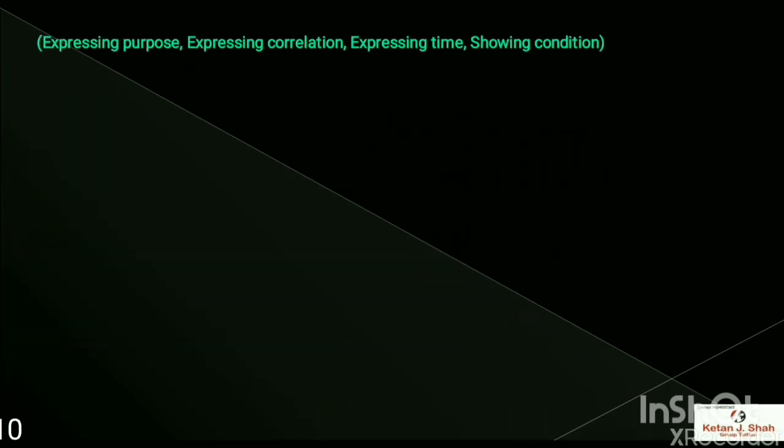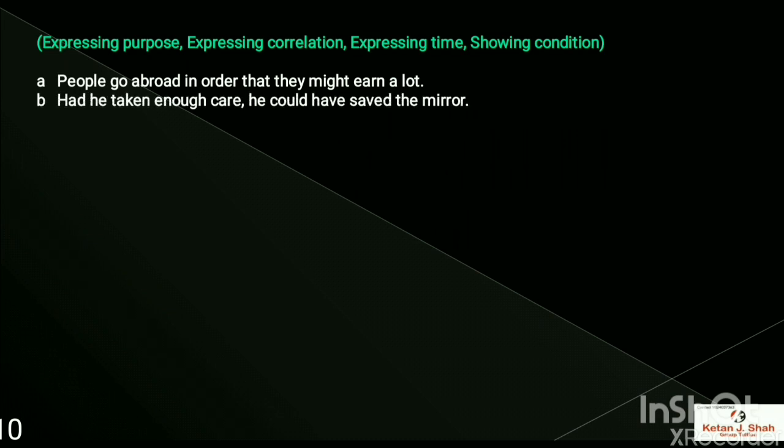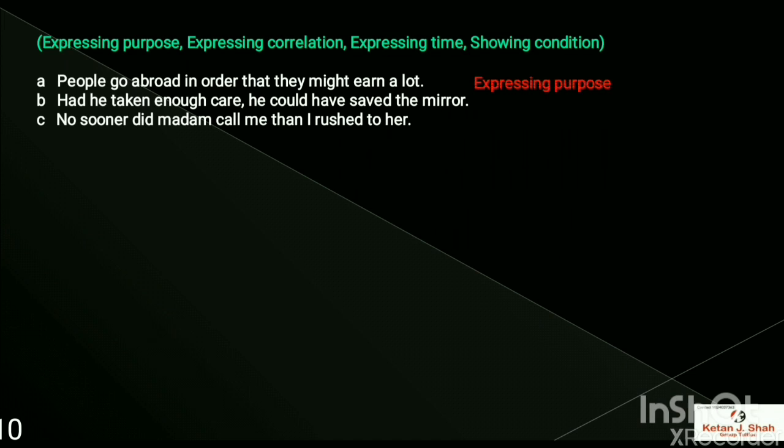Expressing purpose, expressing correlation, expressing time, and showing condition. People go abroad in order that they might earn a lot. Had he taken enough care, he could have saved the mirror. No sooner did Madam call me than I rushed to her. Expressing purpose: the first sentence expresses a purpose, that to earn a lot of money, the people go abroad.